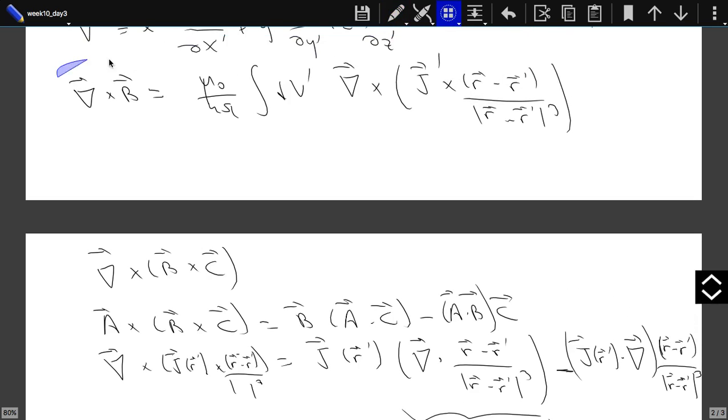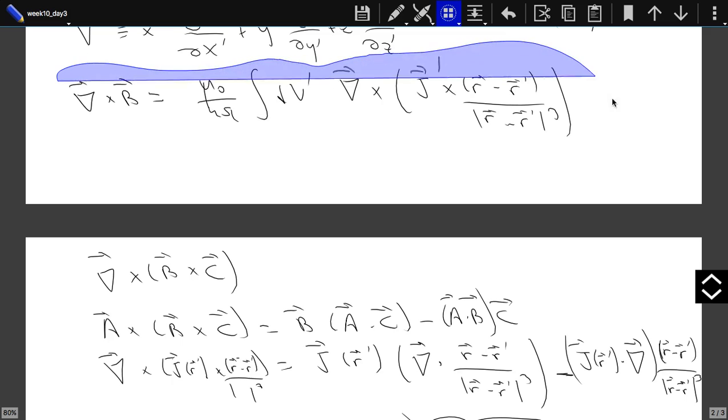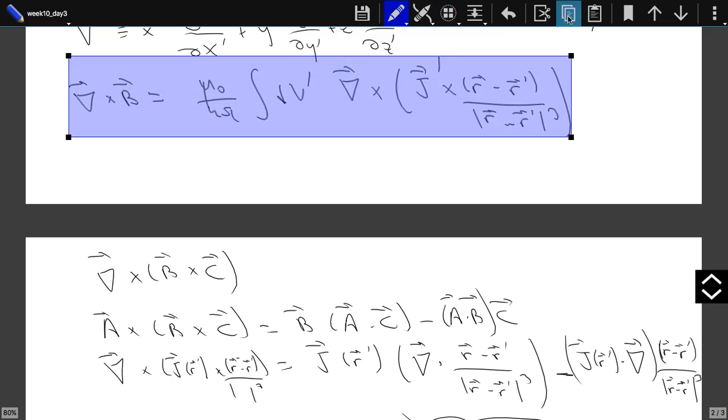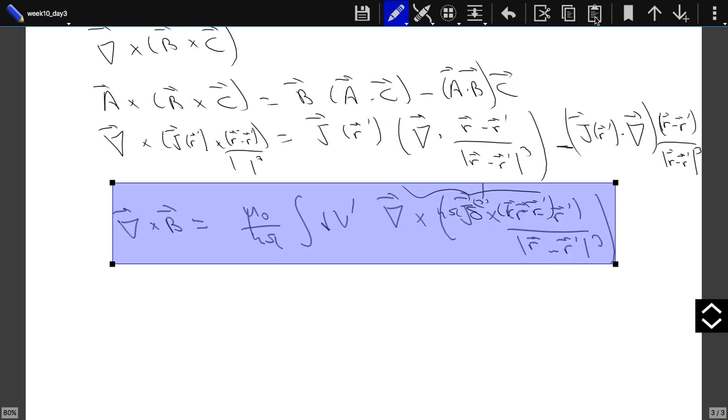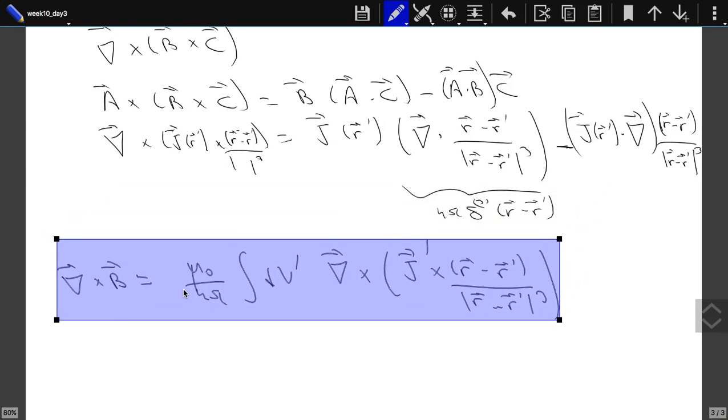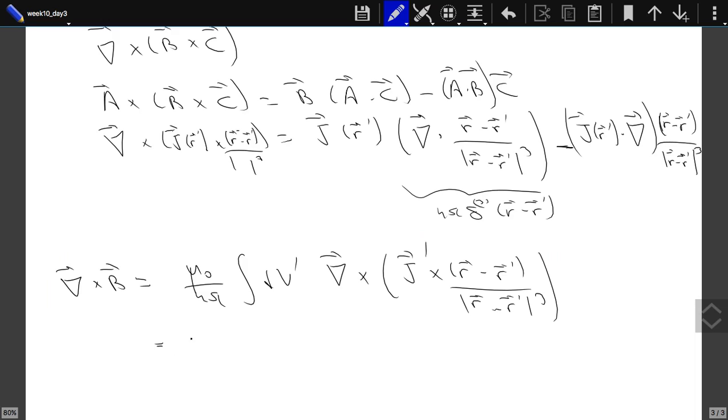So now we have, let me take this one. This is equal to mu 0 over 4 pi, dv prime, j of r prime times 4 pi Dirac delta of r minus r prime.